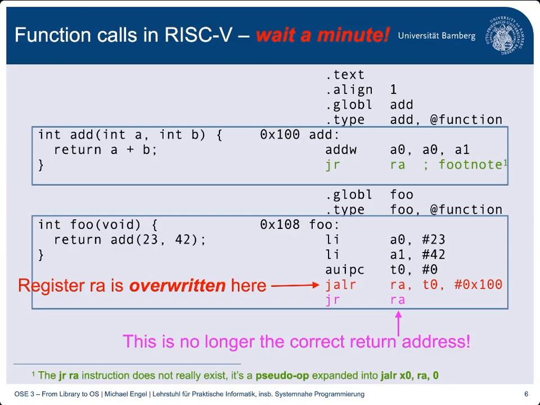Well, RA was just overwritten by the previous instruction, by the JALR, with the exact address of this JR instruction, because that's where JALR wants to continue our code after our add function returns. So this means we would build an endless loop because RA, in our last instruction here in pink, was overwritten with the exact address of this JR instruction. So this is no longer correct.